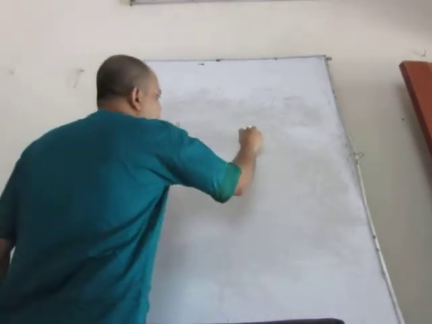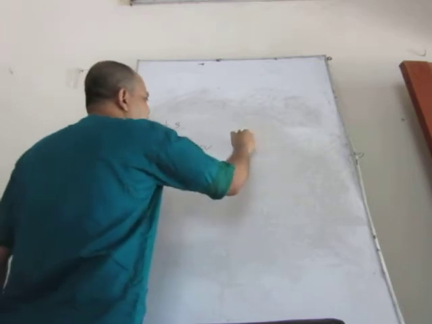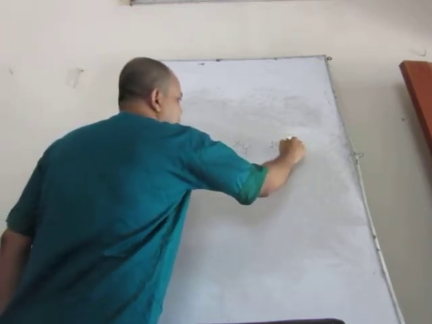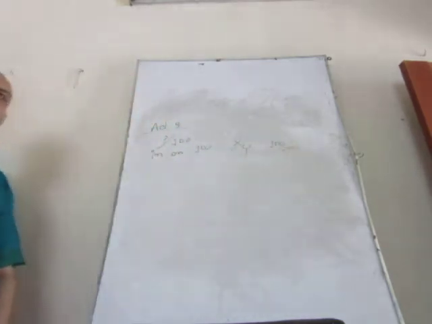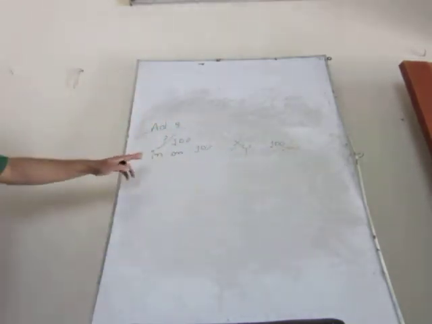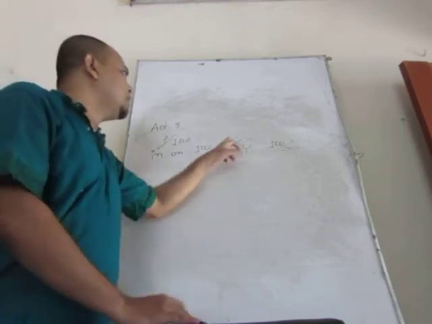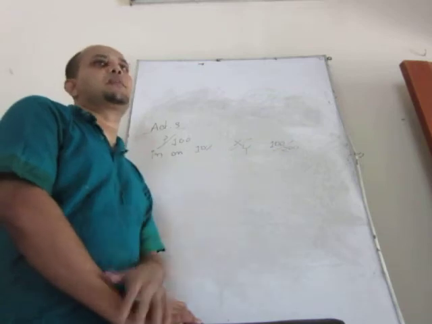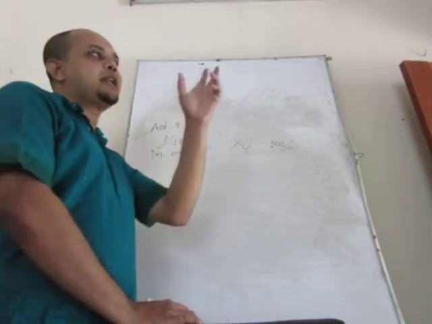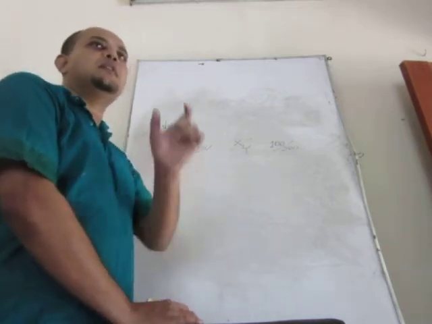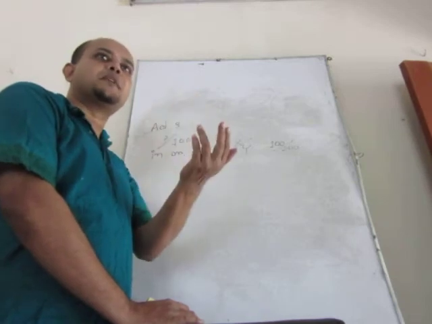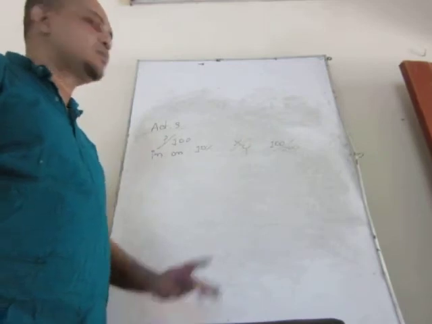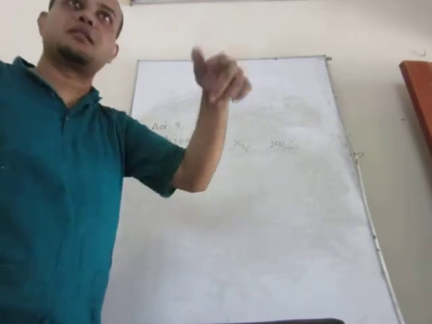The partners are, for example, X and Y. X draws $100 and Y draws $200. That means X borrowed $100 from the partnership business and Y borrowed $200. According to the partnership deed, whoever borrows from the partnership business has to provide 10% interest on that, as for example.